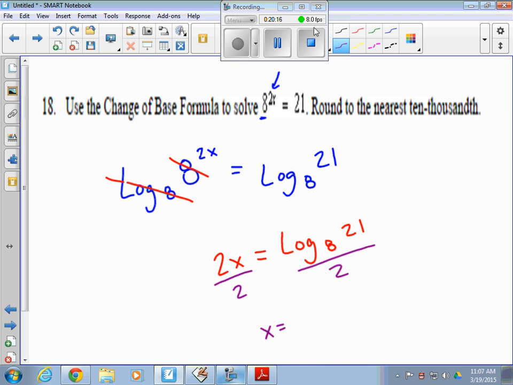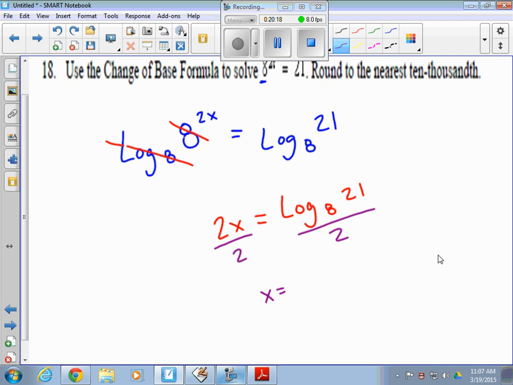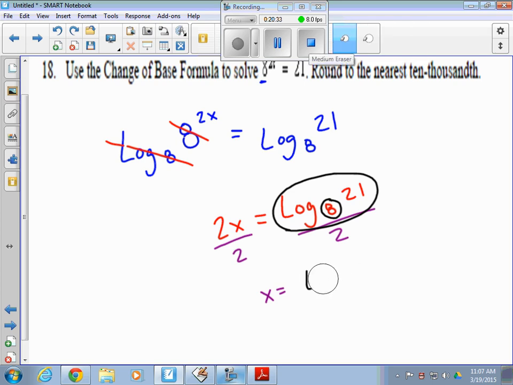So we have to use the change of base formula. What that means is anytime you have something different besides log base 10, this portion alone right here means log base 8. Since it's at the bottom, it's going to stay at the bottom. Log base 8 is being divided. That's the denominator.